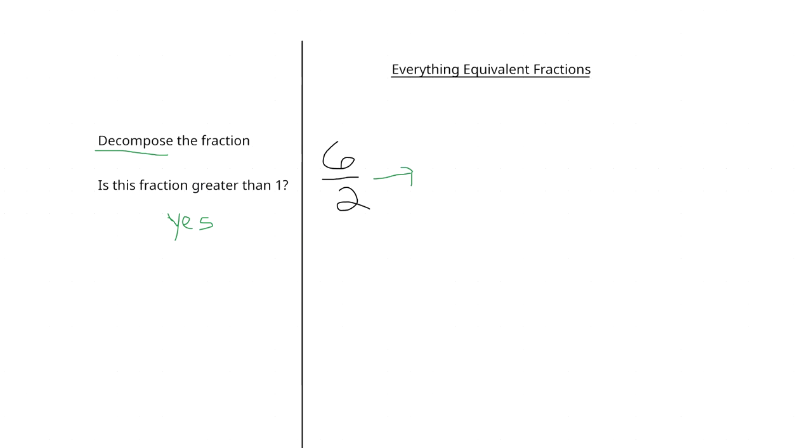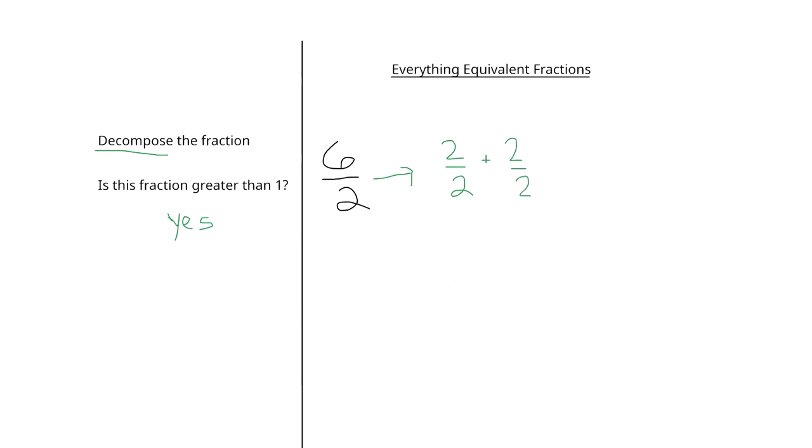Now watch me break this fraction down. I know that 2 over 2, I can pull that out of 6 over 2. And you might be saying, what in the world are you doing? Watch me keep going. I'm just breaking it down. 2 over 2, that's 4 over 2.